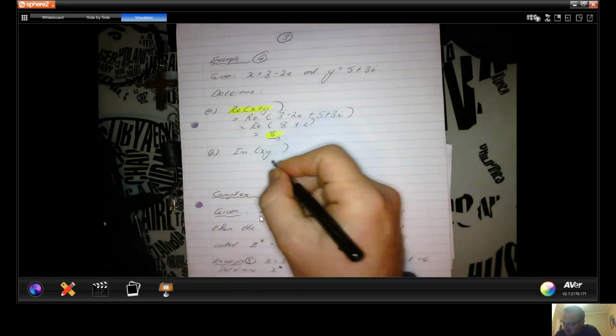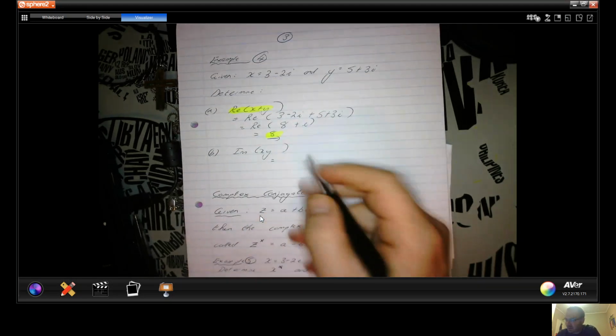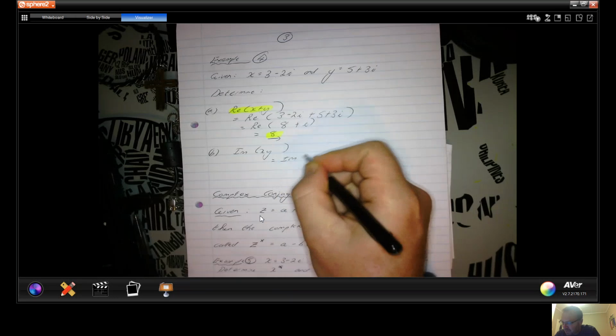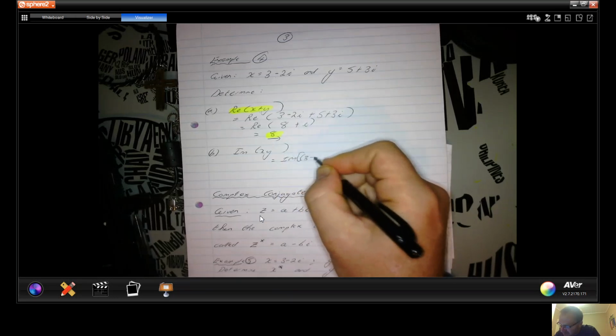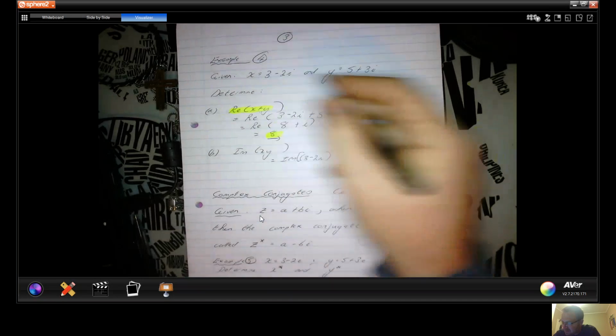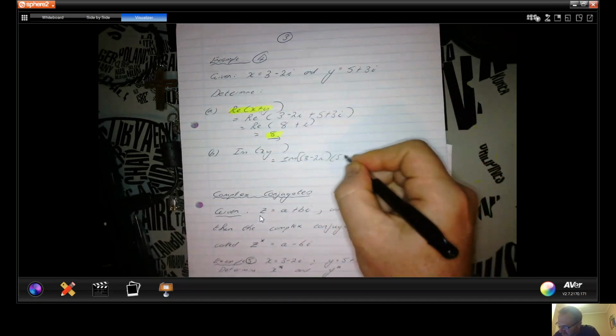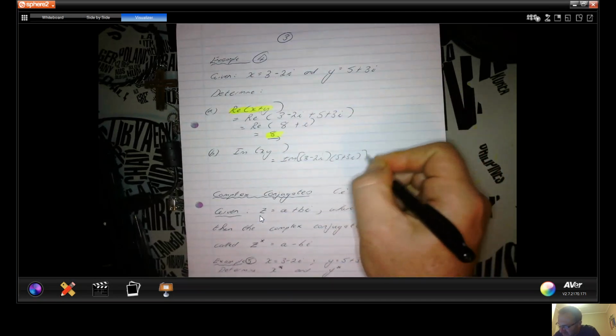Right, so Georgia, the imaginary part of x times y. We're looking for the imaginary part of 3 minus 2i, that's x, times y, which is 5 plus 3i.